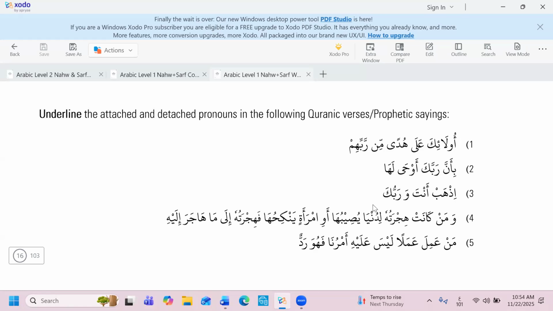Yusibuha, the ha in the yusibuha. Again, yankihuha, the ha again. Hijratuhu, same again, and ilayhi. Okay, so sometimes we said the who can look like he, the huma can look like hima, the hum can look like him, based on what comes before it.